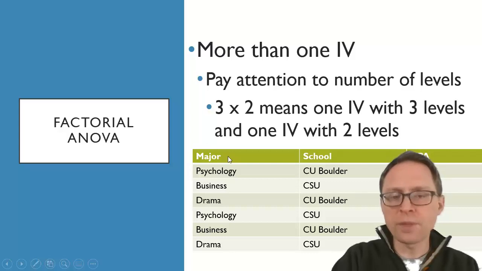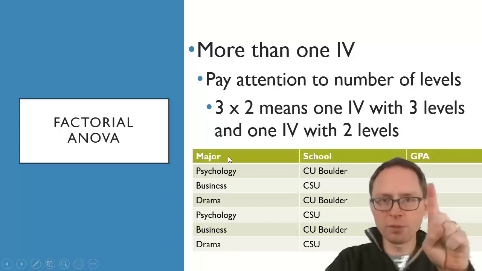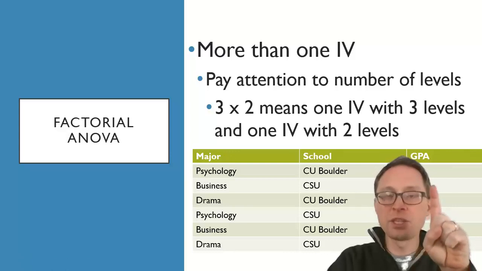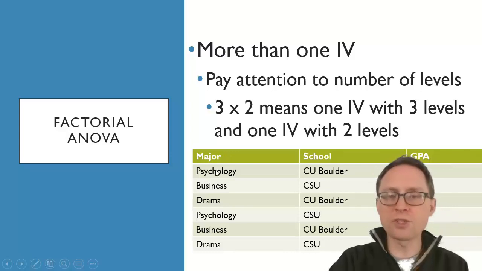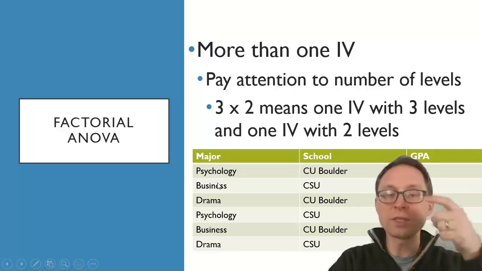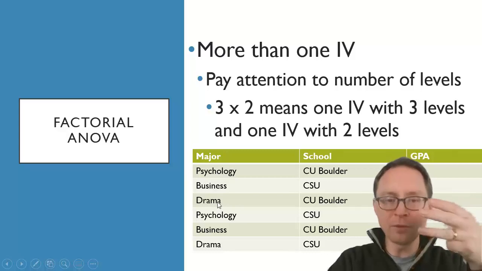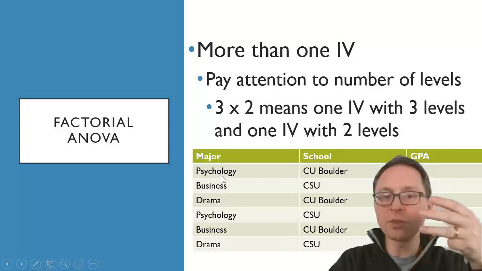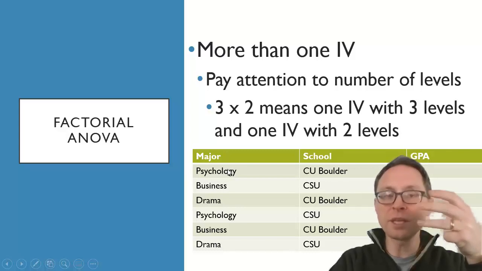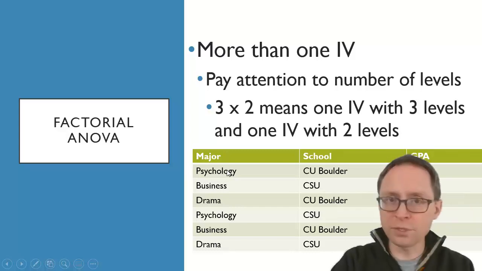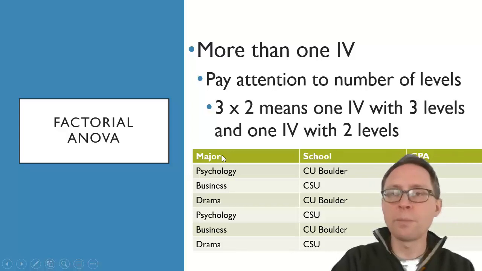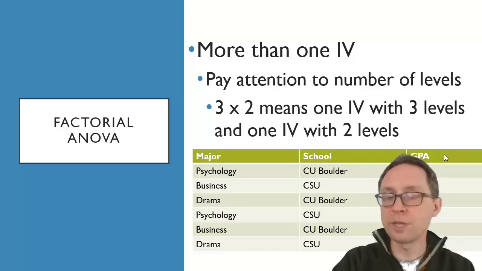Major is one variable, and it has different levels. For example, psychology is a level, business is a level, drama is a level. So these are three levels. Psychology, business, and drama are levels of the variable major. In this case, that variable is called a factor because it's going to help predict GPA.